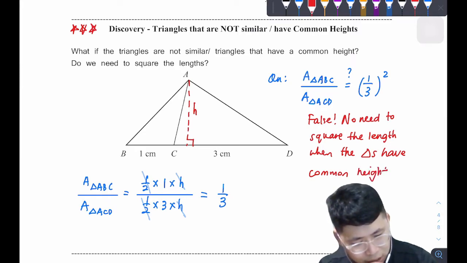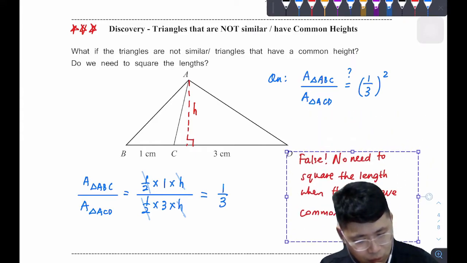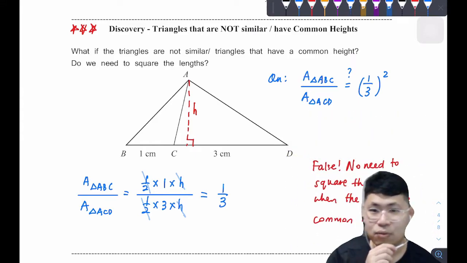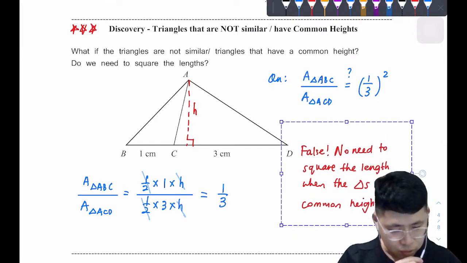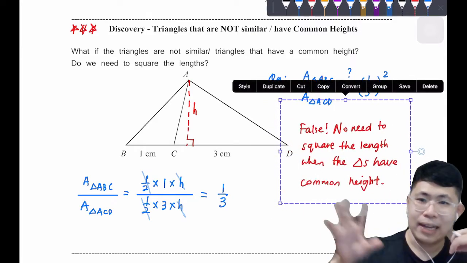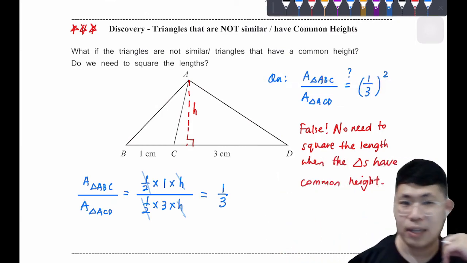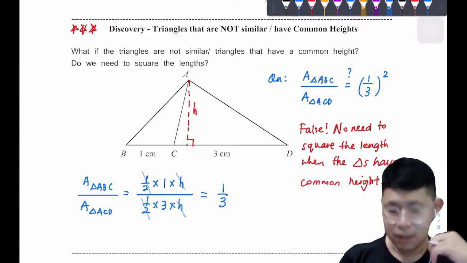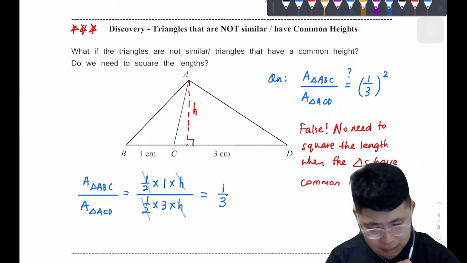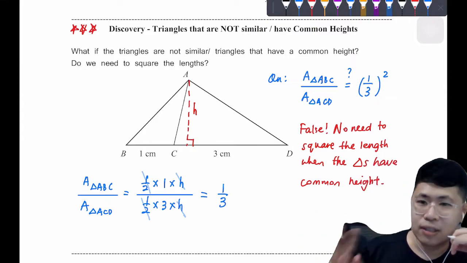As long as you can identify triangles with a common height, you don't have to square the length. We just take the ratio of their lengths, because the height will cancel off, as you can see in the working over here.